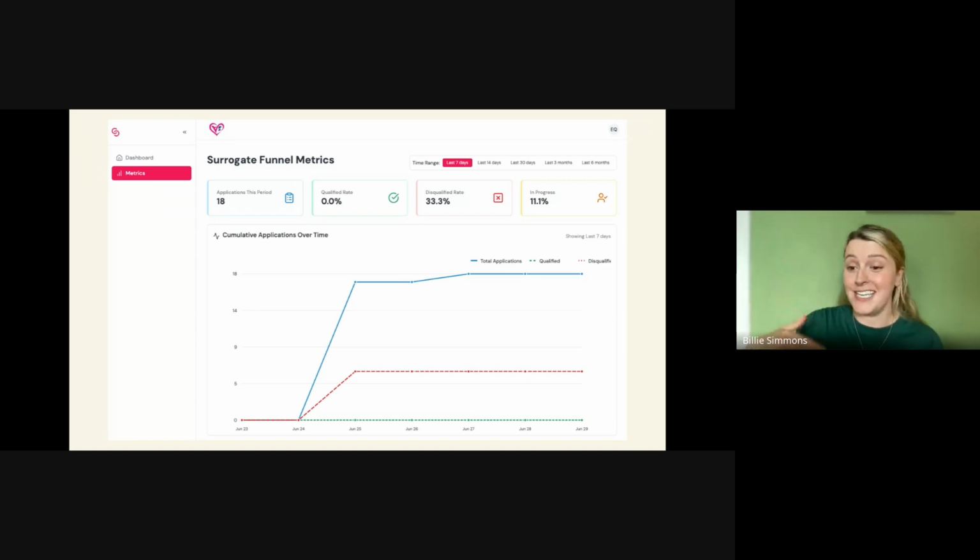If that disqualifying rate is really high, maybe you need to make some tweaks to your ads because you're pulling in the wrong kind of person. Again, our goal here is to empower you with as much information as we can so that you can run an easier process and get back to doing the stuff that you love to do.